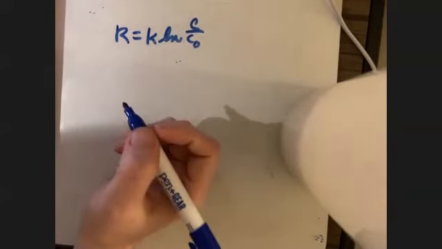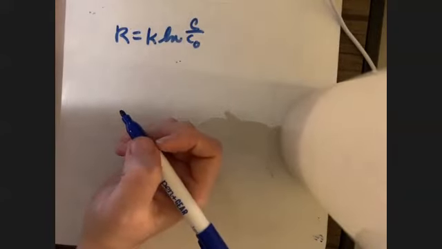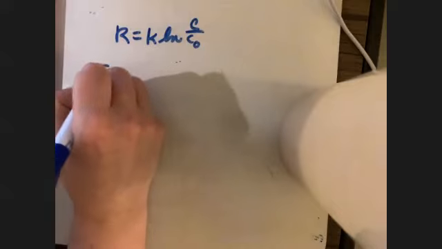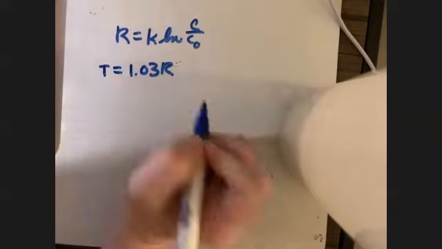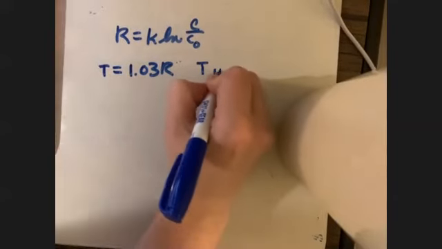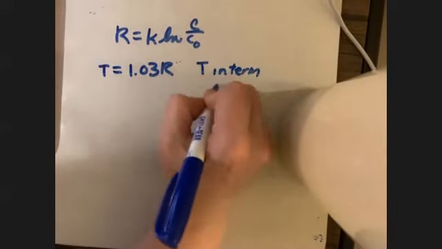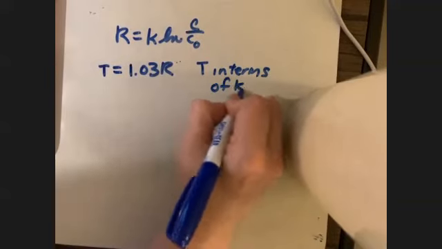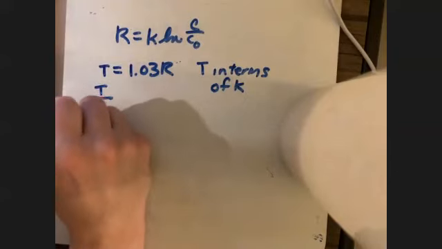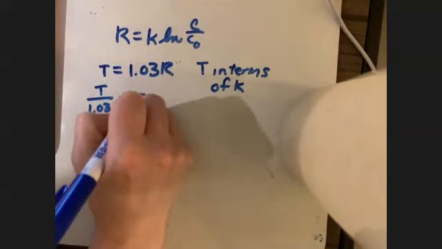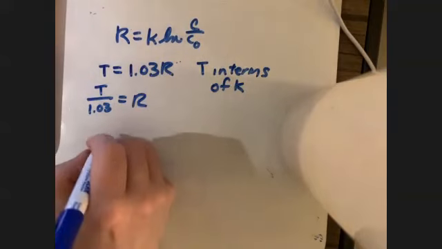Now, the next part that they give us is if T is a function of R, they want us to write T in terms of K. First off, we're going to solve this for R. So we're going to have T over 1.03 is equal to R. And now we're going to redo that up here in the top.